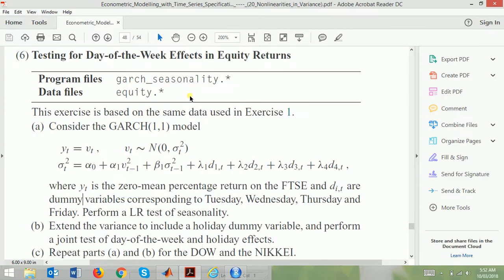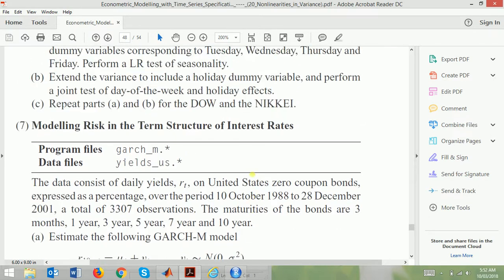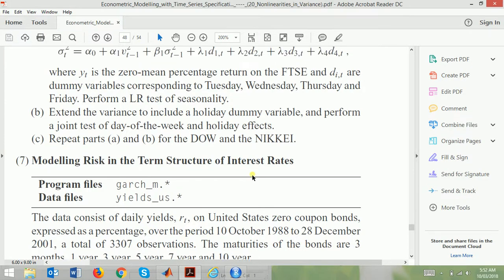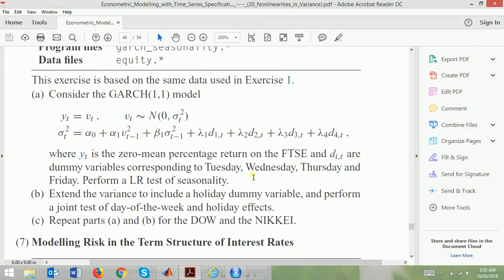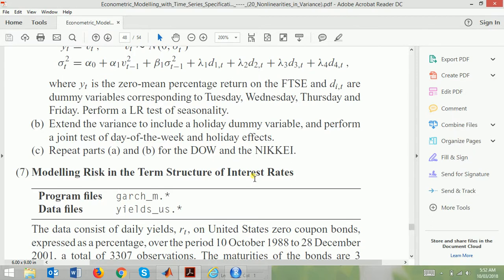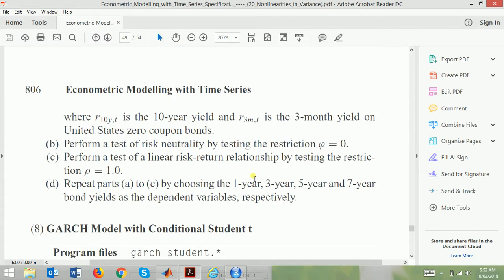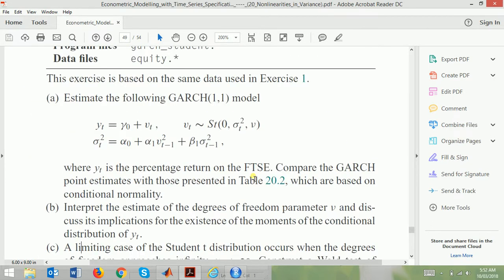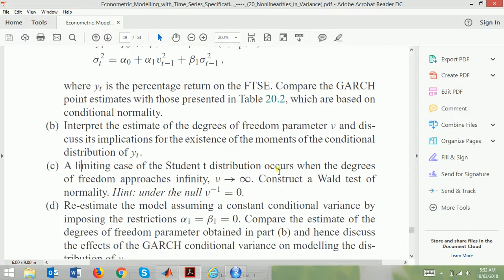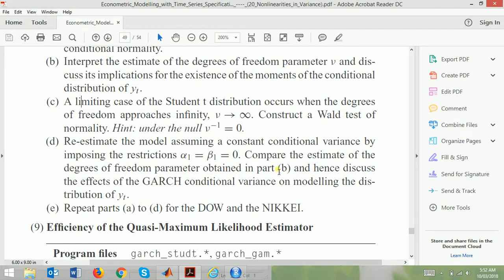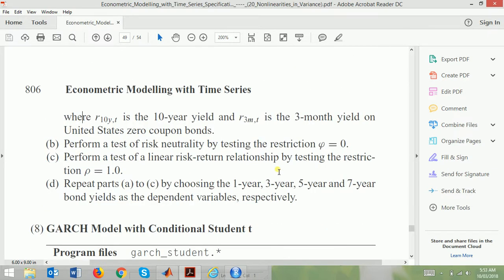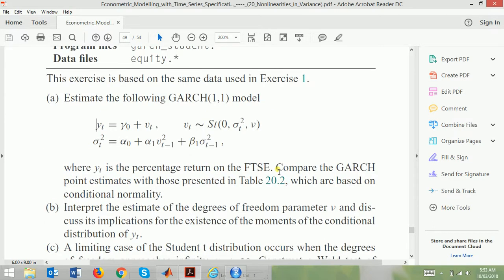Okay, and modeling risk. But we don't have a TARCH model exercise, do we? We have a GARCH-M, but there is no TARCH. We have a GARCH-M problem. Seasonality distribution.